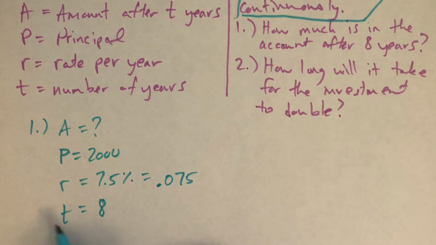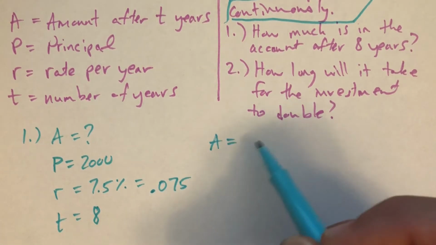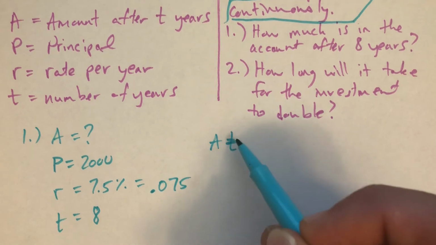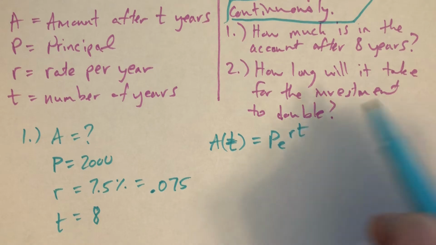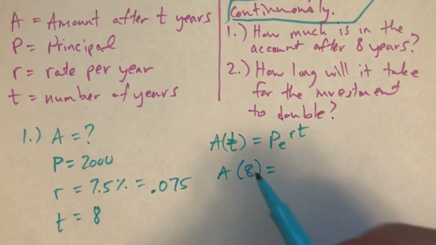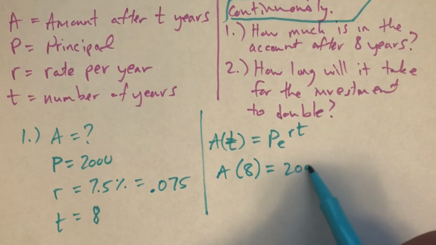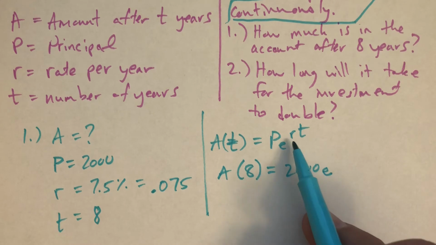So for the first problem, we can set this up, right? Our formula here, A of T is P e to the rt. So now we can just plug in what we've got. A of 8 is our principal, 2,000, times e to the power of the rate times the time.